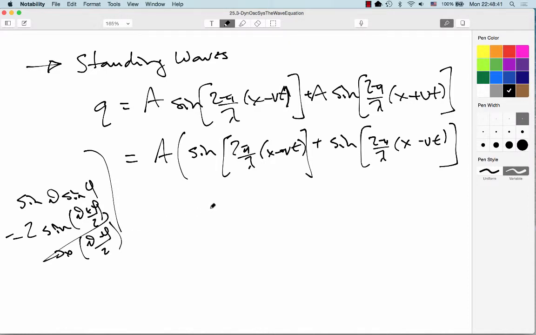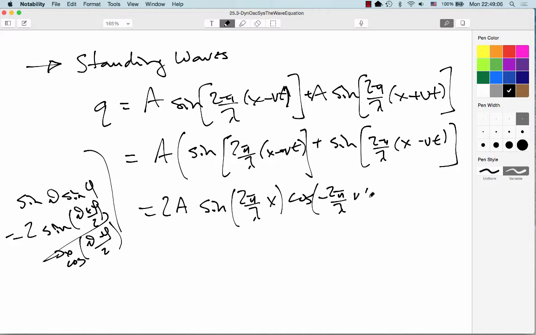So applying that here, this becomes 2A sine of 2 pi over lambda x times cosine of minus 2 pi over lambda vt.